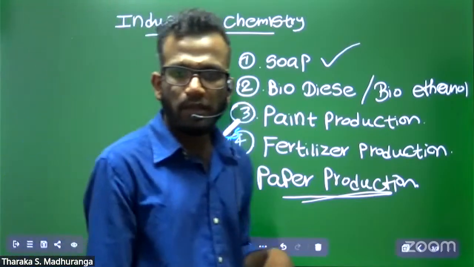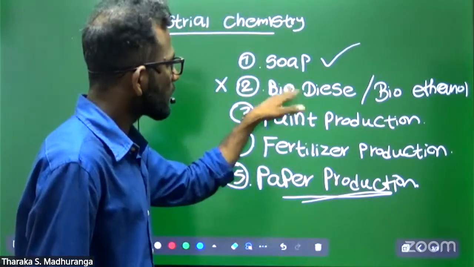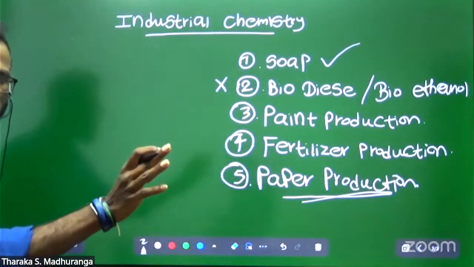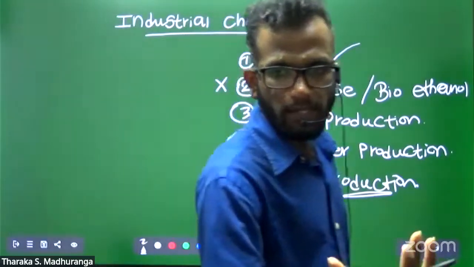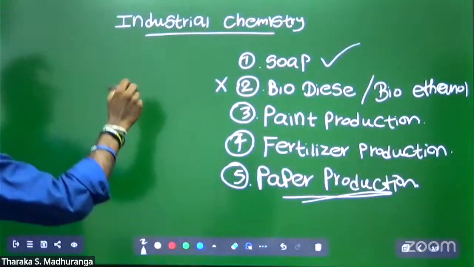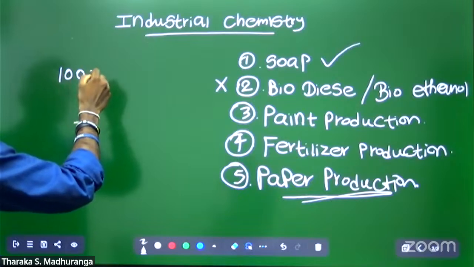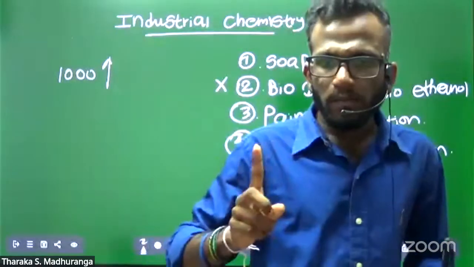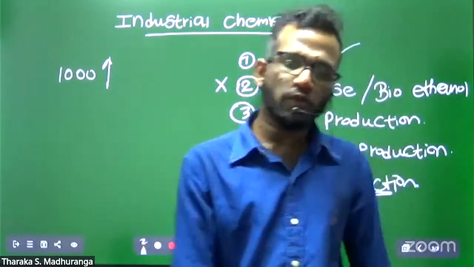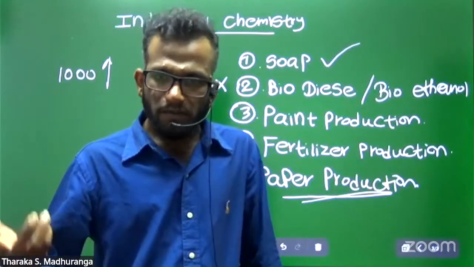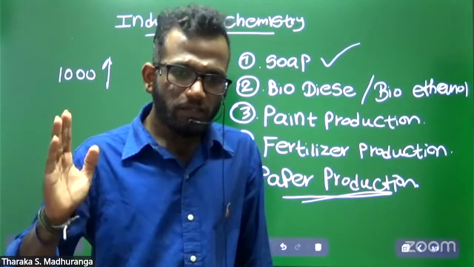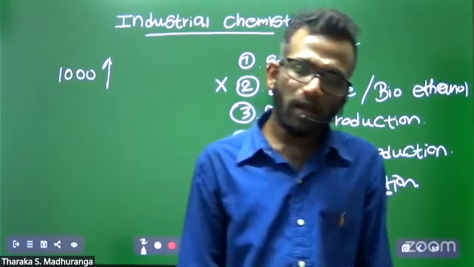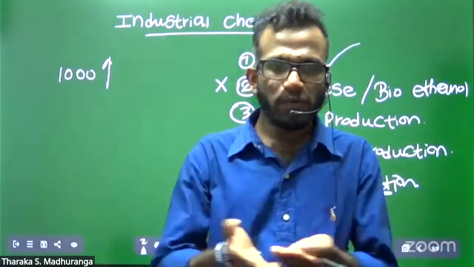For biodiesel we do not add filling materials, but in every other production we do, because if we produce soap without filling materials, the production cost would be more than 1,000 rupees, because using 1 liter of oil, we can produce only a very small amount of soap.